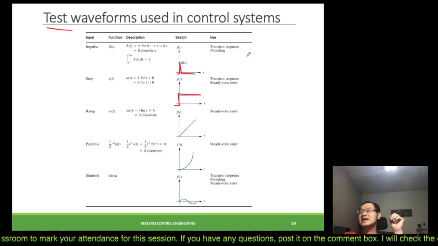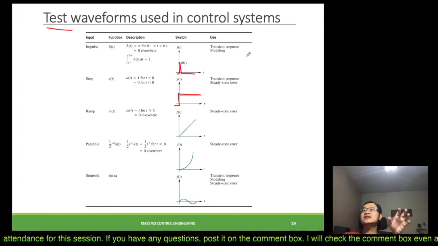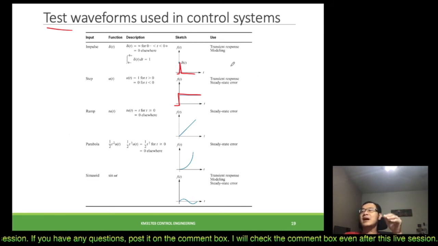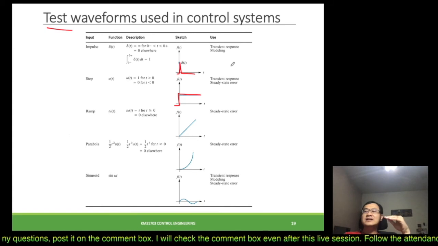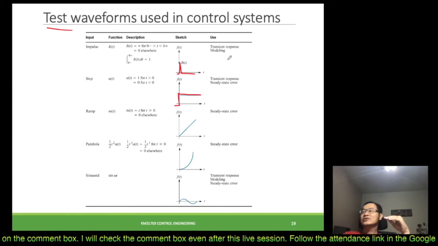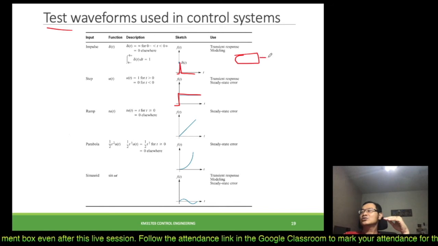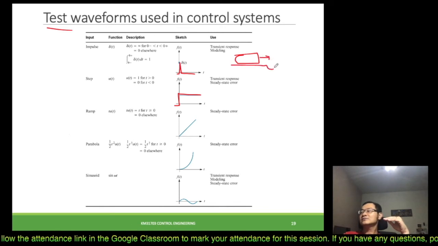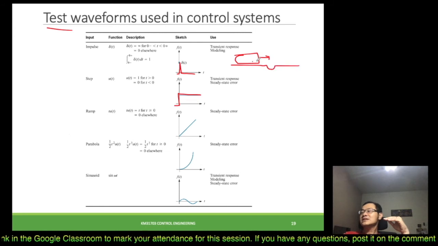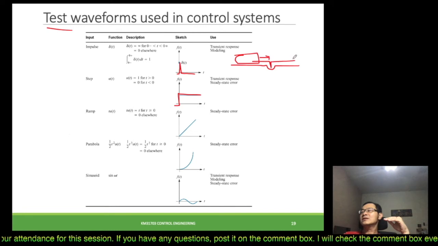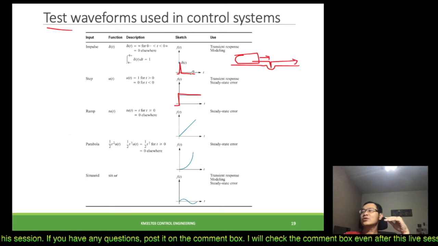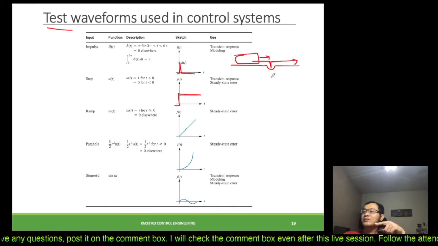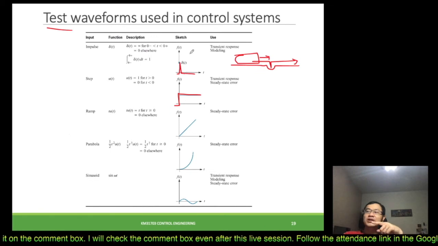In ideal or physical form, this impulse could be, let's say, your car going through a pothole. This pothole itself is just suddenly going down and going up again as the car goes through it. So this kind of movement is similar to an impulse.